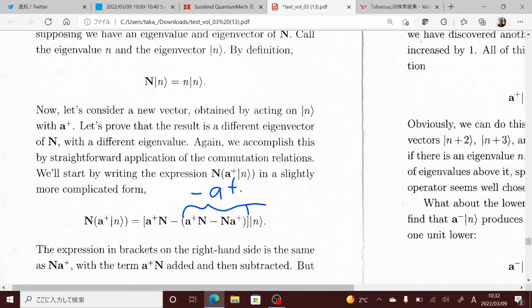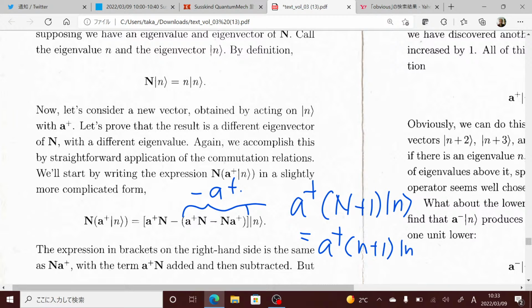So you have a plus times n plus 1, n, which is equal to a plus n plus 1, n, which is equal to n plus 1 a plus n.